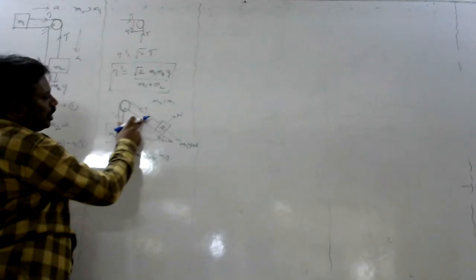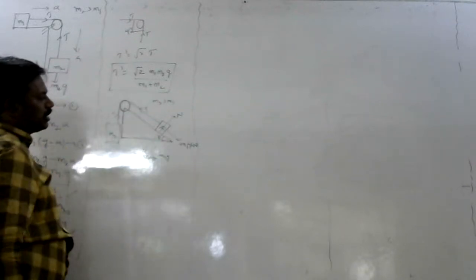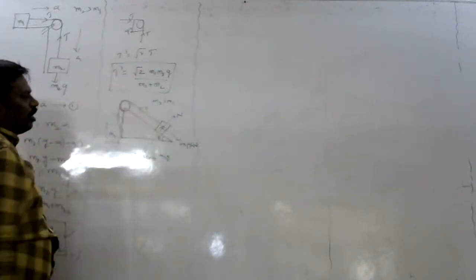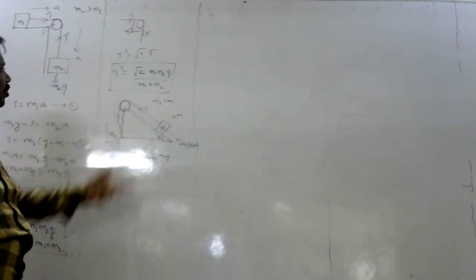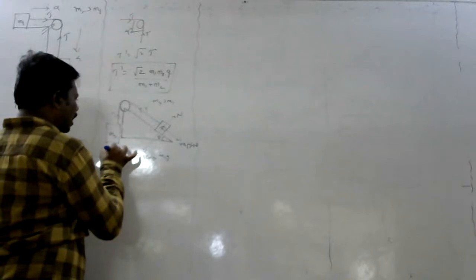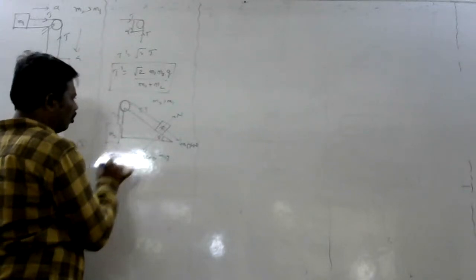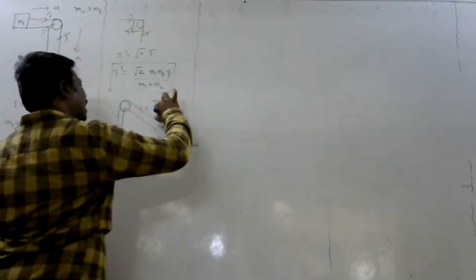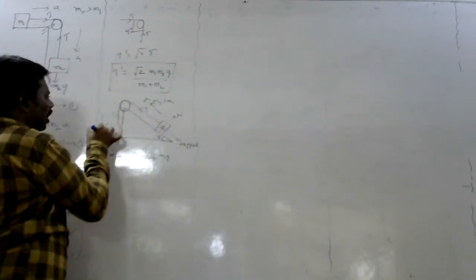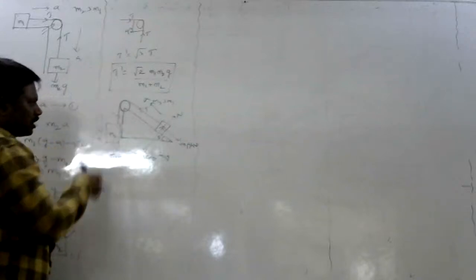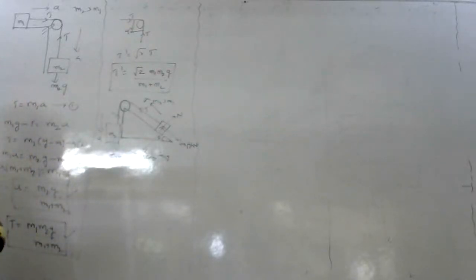Here tension T and m1 g sin theta are two forces in opposite directions. m2 g is in the downward direction. The acceleration of m1 is along the incline and the acceleration of m2 is downward.